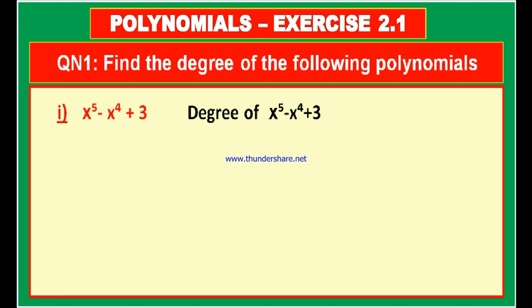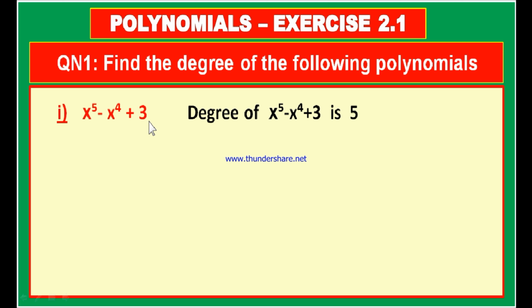We have given a polynomial x power 5 minus x power 4 plus 3. In this polynomial, the first term is x power 5, second term is minus x power 4, and third term is plus 3. We have 3 terms in this polynomial. Now this polynomial has a variable x.